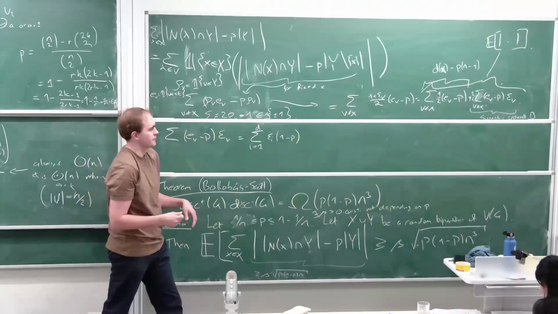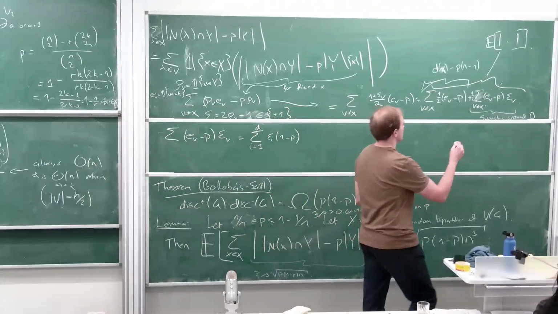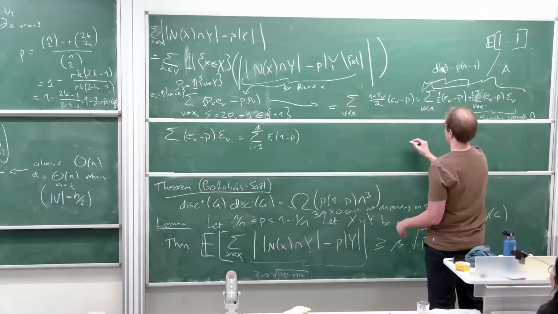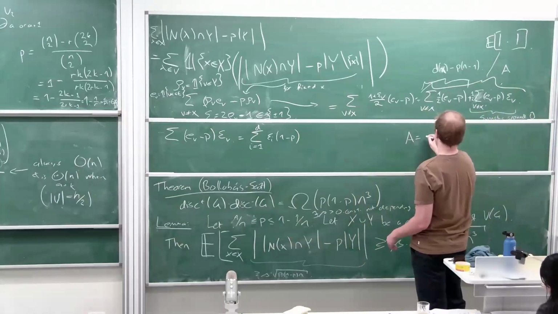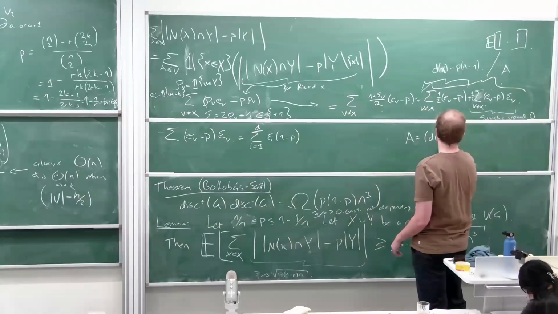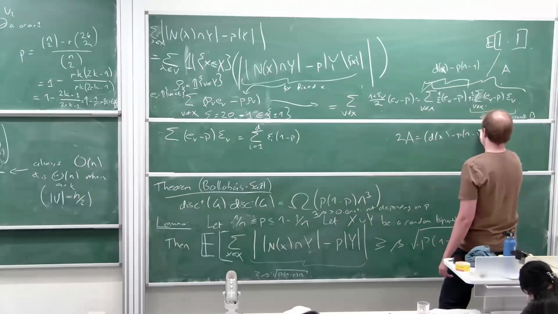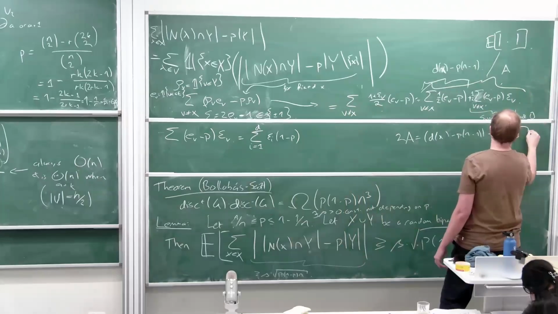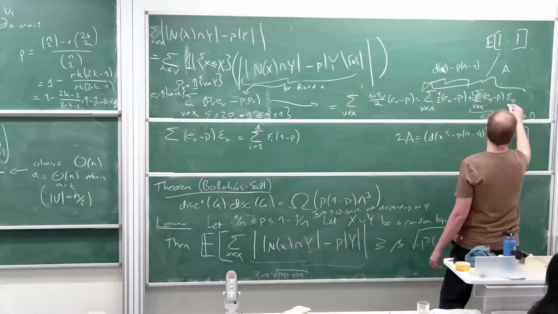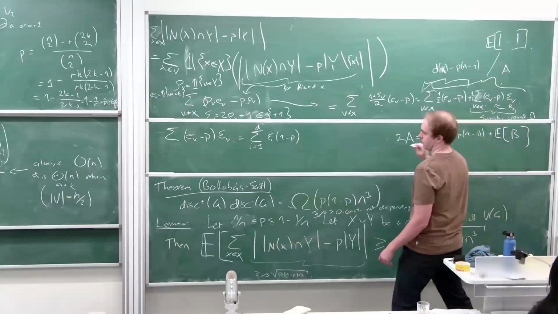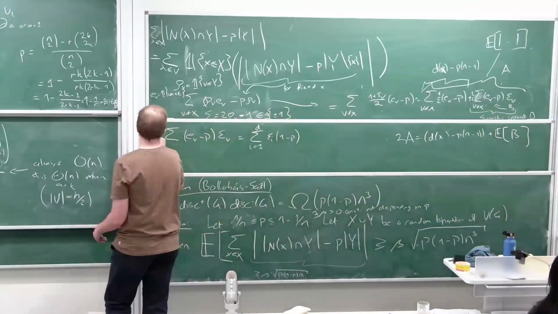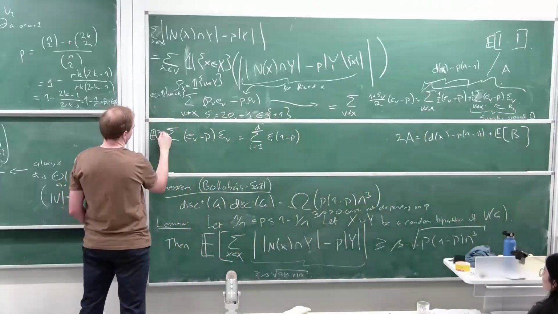So what I've shown, let's call this A. Now A is the degree deviation. This other term is, let's say, B. So now this is going to be the expectation of B.